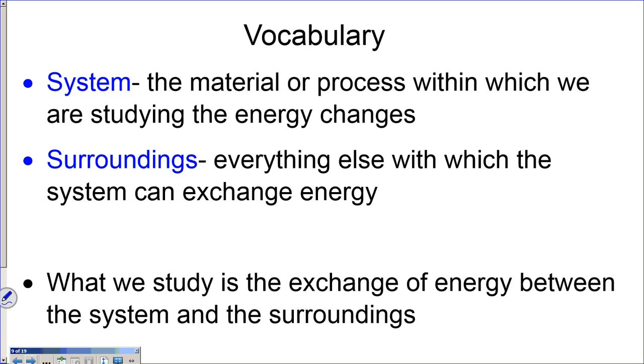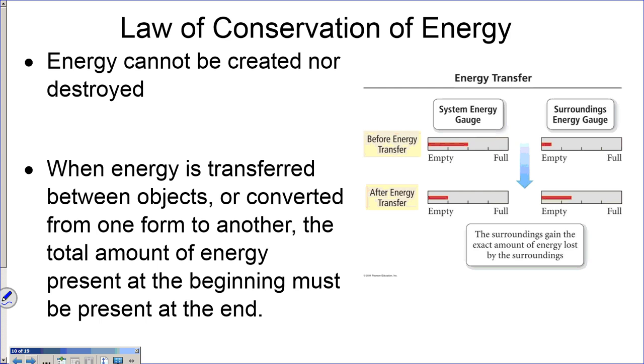The table it's sitting on is part of the surroundings. The air around the beaker would be part of the surroundings. And what we actually study is the exchange of energy between the system and the surroundings. So one of them is gaining heat, one of them is losing heat. So we have to establish which is which.